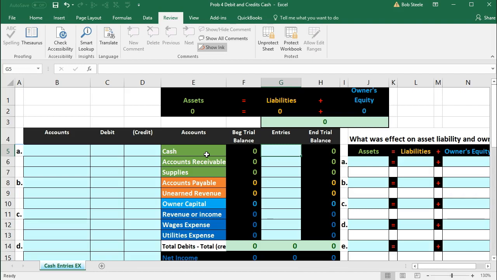We will then work similar problems at a later time and post to the general ledger and then create the trial balance, as is often a typical problem for accounting, learning the debits and credits. But this worksheet, when there's relatively few debits and credits, is really helpful to understand what is happening to particular accounts.